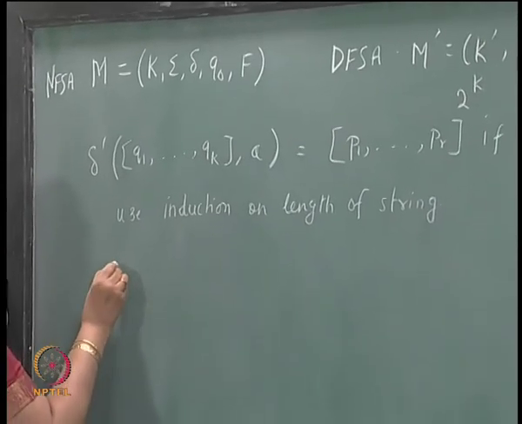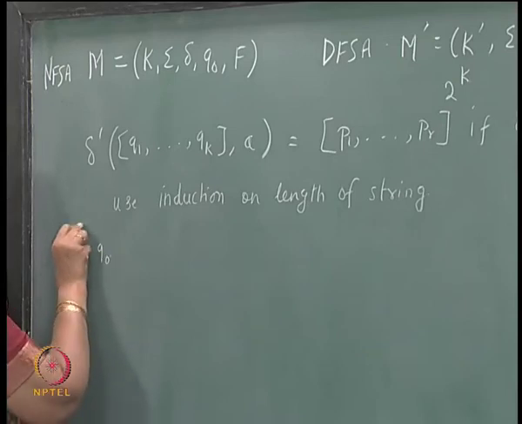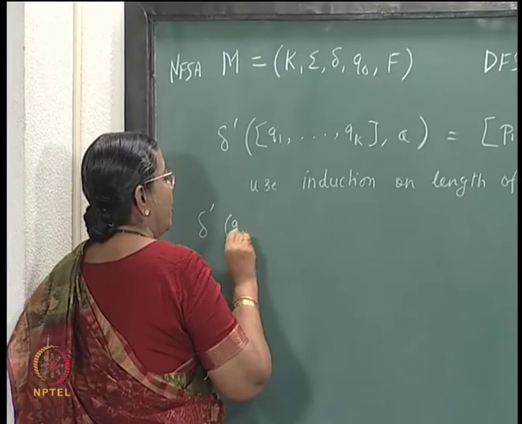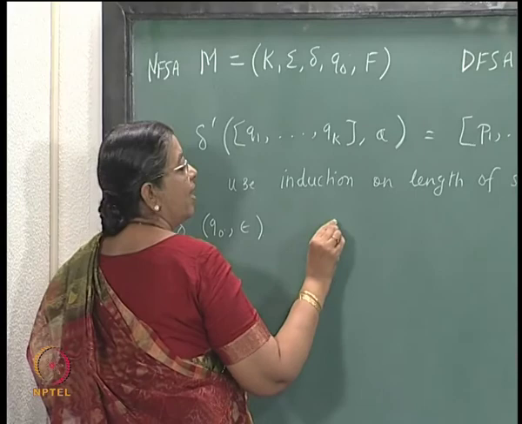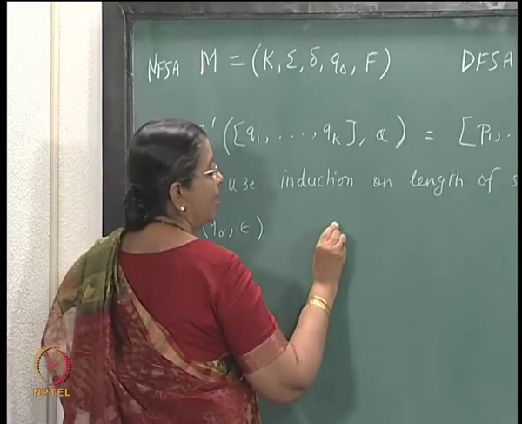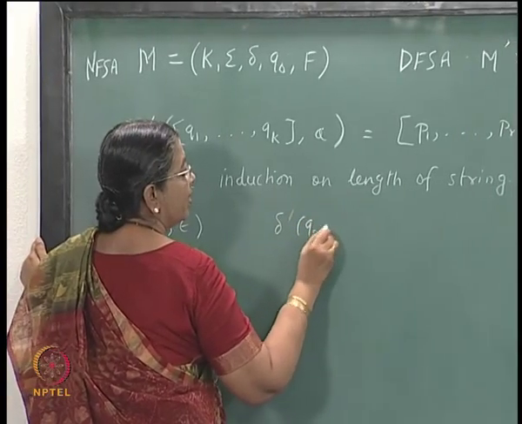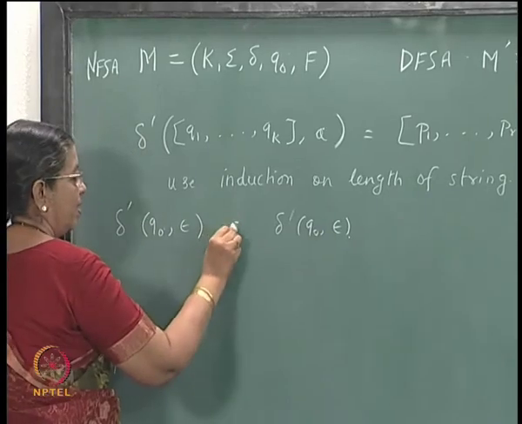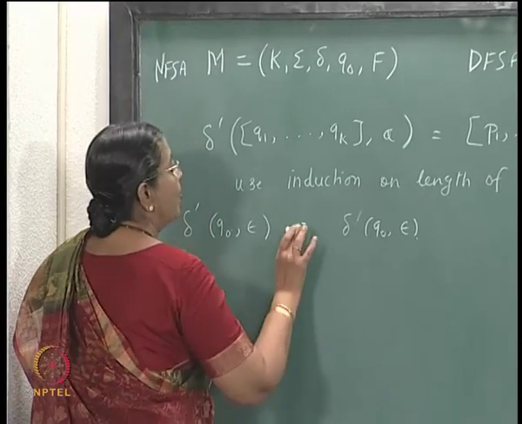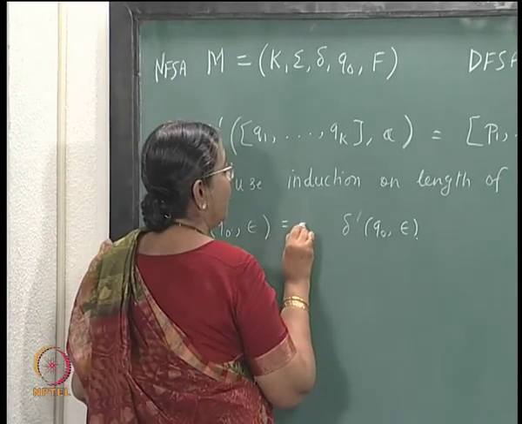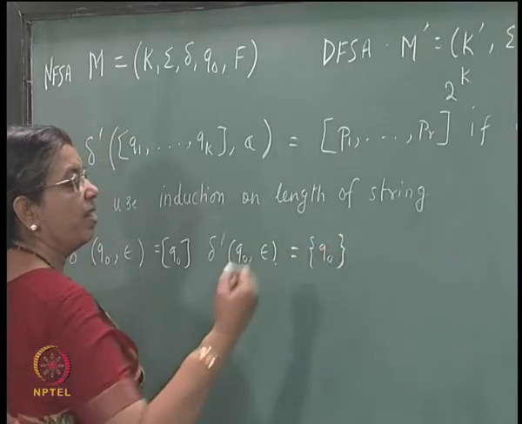So, if you start from Q naught, delta dash of Q naught, epsilon, what can you say about this? This will be delta of Q naught, epsilon. It will be equal to Q naught only. Here it will be equal to Q naught and it will be equal to Q naught here.